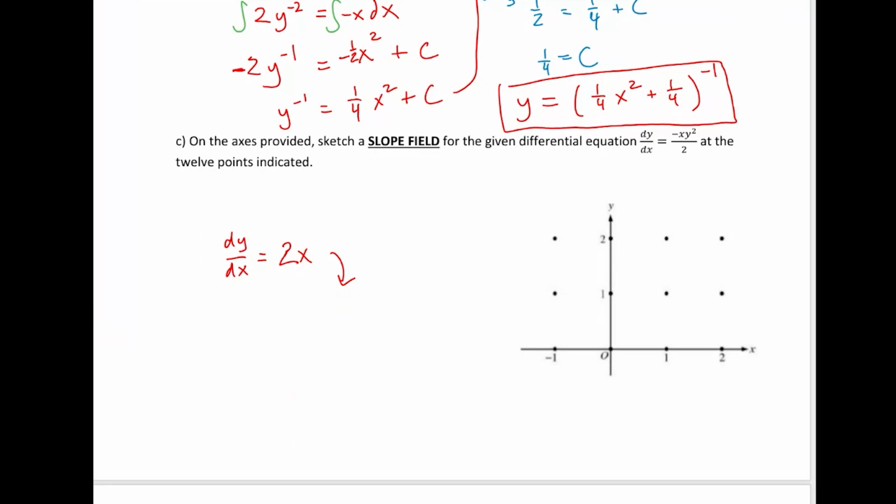So let me break down how you find the slope field and how it should look. It says sketch a slope field for the differential equation at the 12 points indicated. So notice we have a graph here, and we've got a total of 12 points highlighted on the grid. In a slope field, all we do is come up with the slope at each of these individual points.